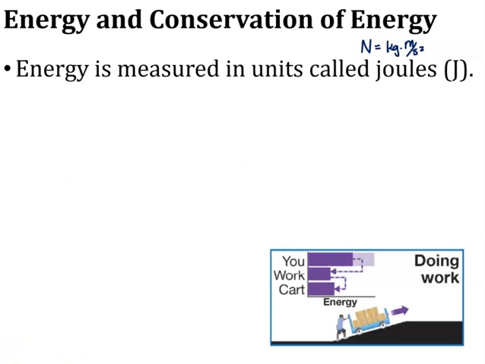A joule is another kind of summary unit, and a joule is sometimes called a newton meter, or it could be a kilogram times meters squared per second squared. So these are the breakdown units for joules. So energy is measured in joules.